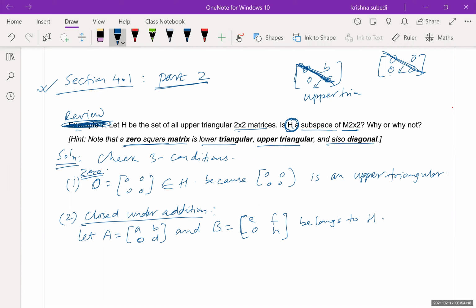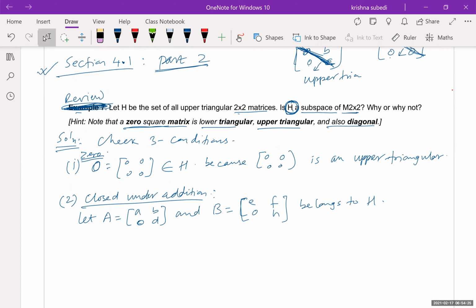H is a container and all of its objects are upper triangular. Any upper triangular 2 by 2 matrix is in H. Remember, our vector space is M2 by 2 because this is a bigger space. M2 by 2 includes upper triangular, lower triangular, diagonal, non-diagonal, every 2 by 2 matrix. So H is a chunk, a part of M2 by 2. Now we need to show whether A plus B belongs to H or not.